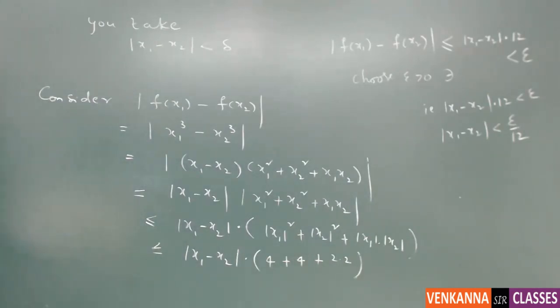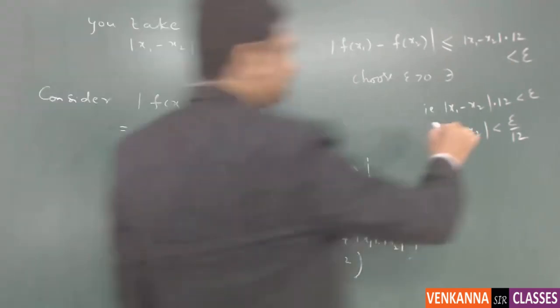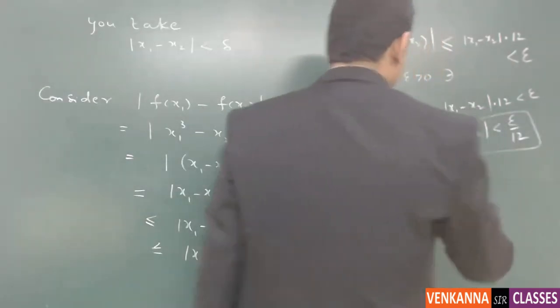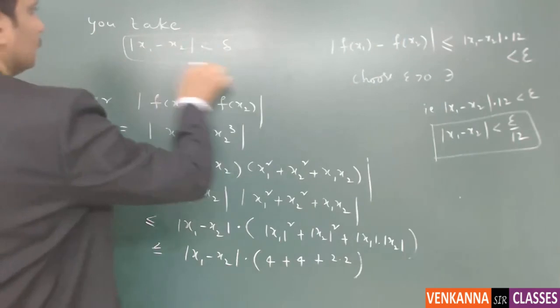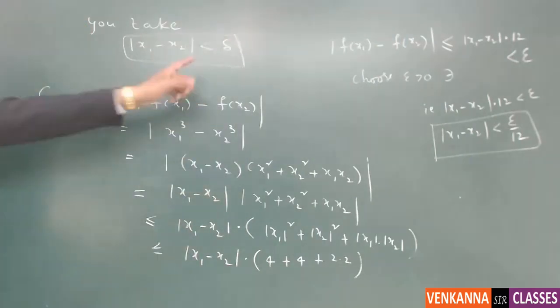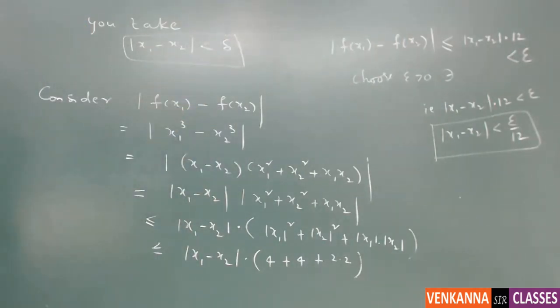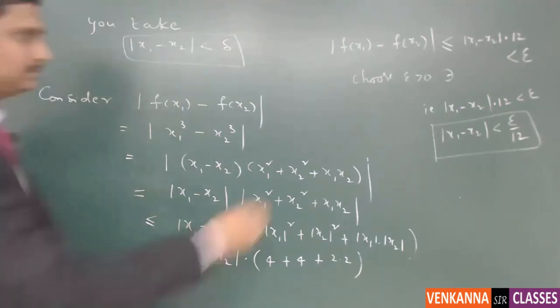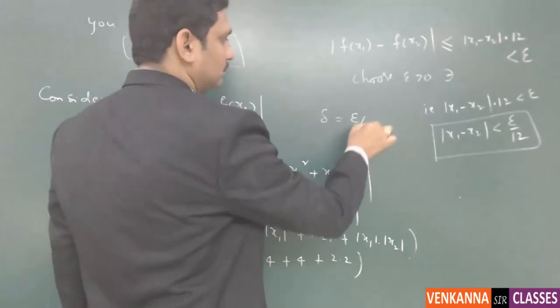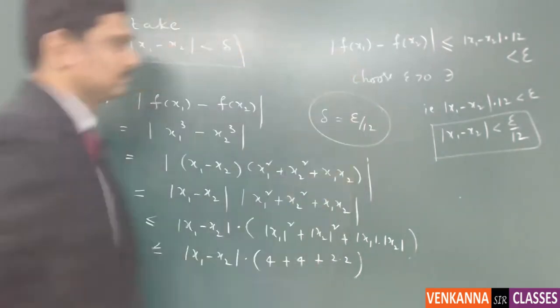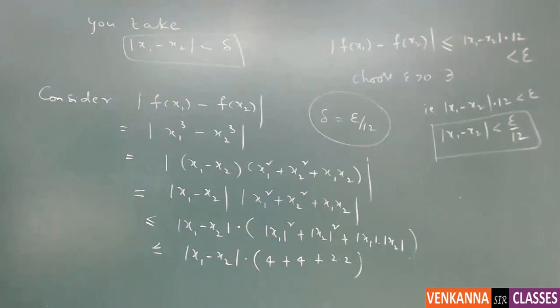Right. Now if you compare the two values, what is the relation between delta and epsilon? Delta is equal to epsilon by 12. Accepted. So what does it mean?